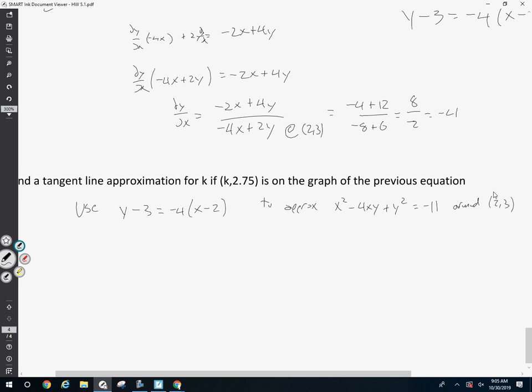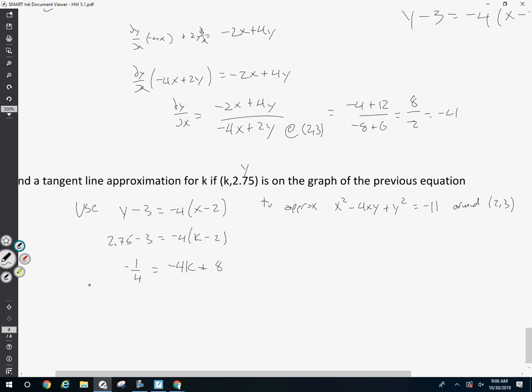2.75 is close to the y coordinate of 3. Now understand that this is a y coordinate, so plug in 2.75 for that y coordinate and I will be solving for x. Or really, you could plug in k. I didn't do this in the previous one, but you could have. This is negative 0.25, so negative 1/4. Negative 4k plus 8.